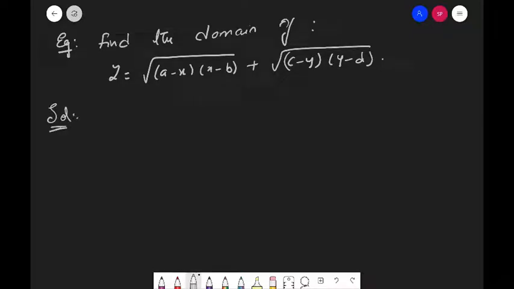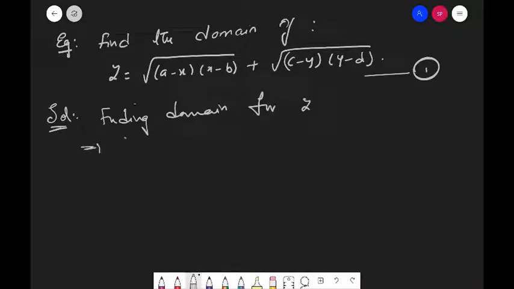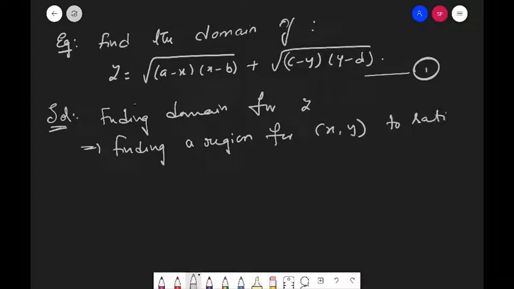So you are given this equation, let it be 1. Then finding the domain for z implies finding the region for x comma y to satisfy equation 1.